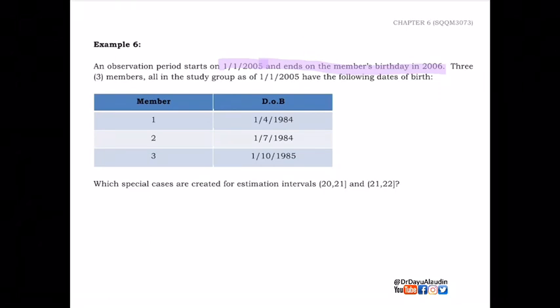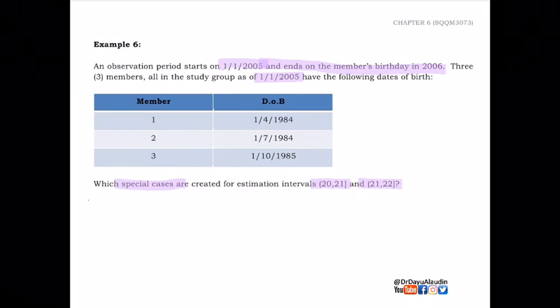So all the members in this group join the observation at 1st January 2005. So you have to determine the special case for the interval estimate 20 to 21 and also 21 to 22.